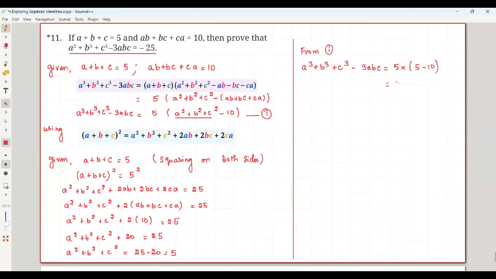Just simplify it: 5 into 5 minus 10, we are getting 5 into minus 5, so minus 25. They ask us to prove this only: a cube plus b cube plus c cube minus 3abc, we got it as minus 25. Hence proved. Sir, we have minus 3abc also there.